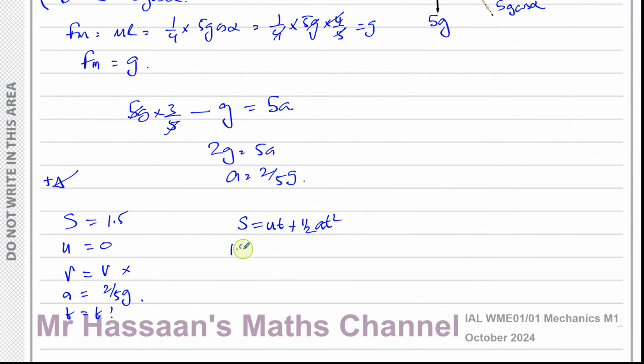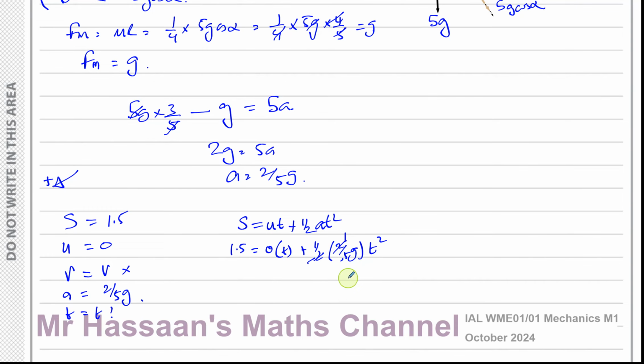So you got 1.5 equals 0 times T plus a half times A, which is 2/5 g, times T squared. So that's 2/5 g, so that's 1/5 g at the end. Half times 2/5 is 1/5.